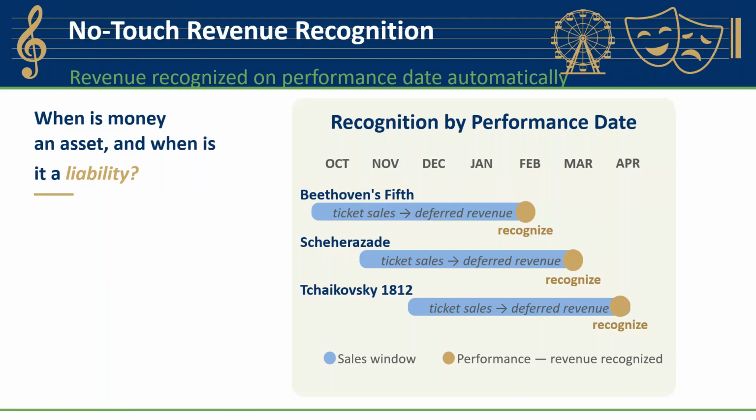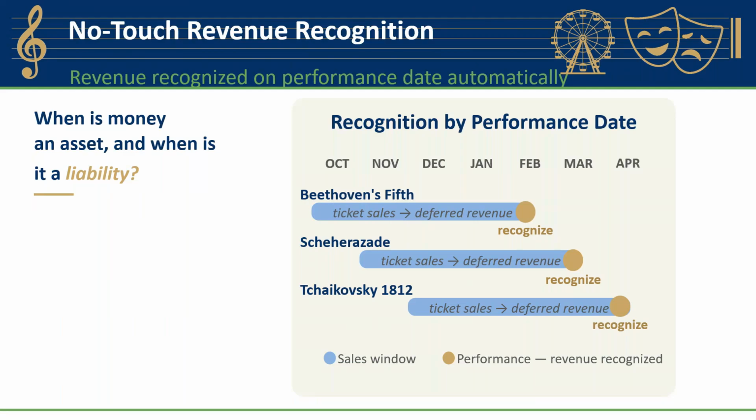So we've been selling tickets for months and months and months, but until the performances actually take place, and each one of these, of course, Beethoven's Fifth may be performed 3 or 4 or 5 times, we don't recognize the revenue until, you might say, the product is actually delivered. Until then, it's called deferred revenue. So maybe it's actually a liability.